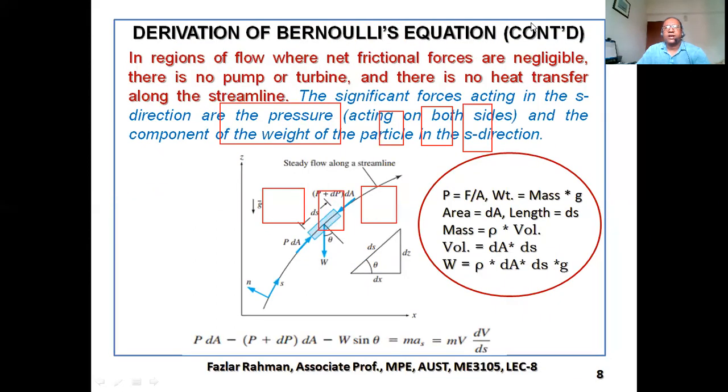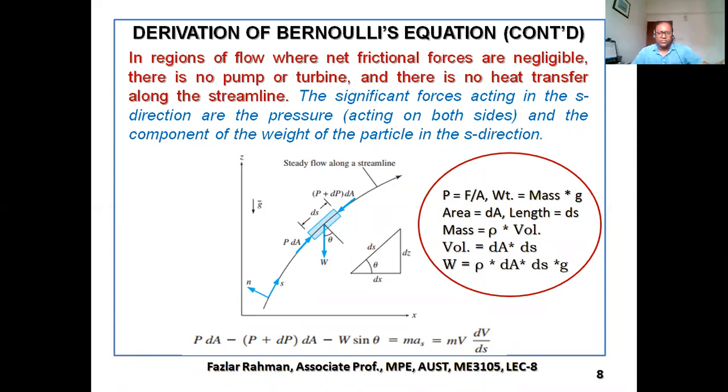Now we will apply Newton's second law. And right over here, we just showed how we can figure out the force and the volume. I already explained it. Now we are making the force balance.